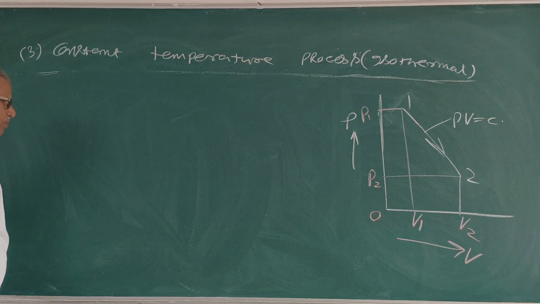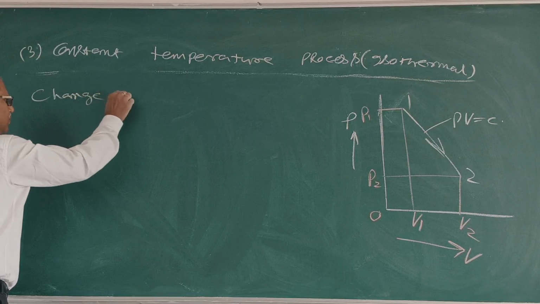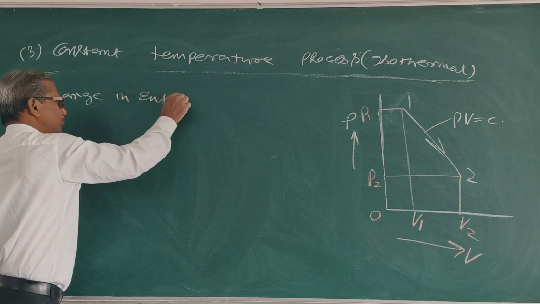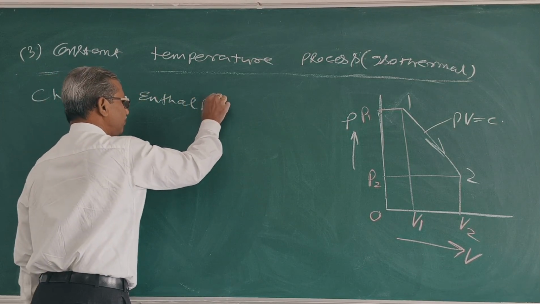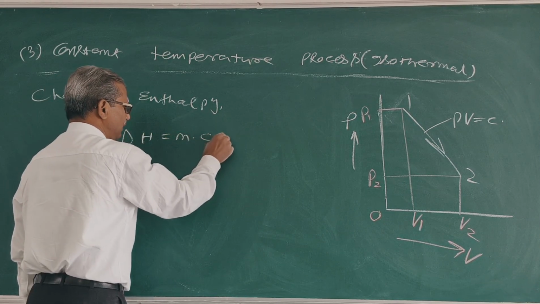Similarly, change in enthalpy. Delta H is m Cp T2 minus T1.